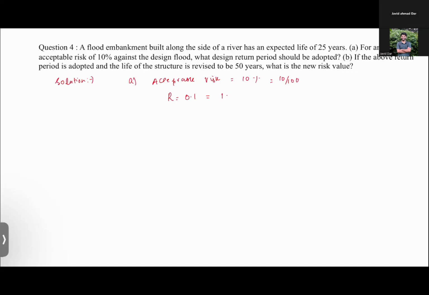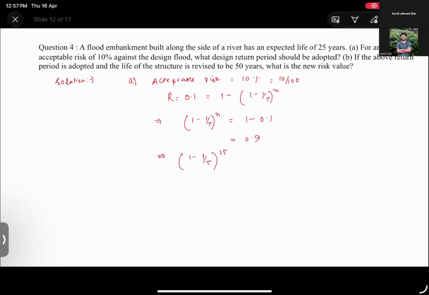But we know the risk is 1 minus (1 minus 1/T) whole raised to the power n. If you simplify this, the value of n is given in the first part, it is 25 years.